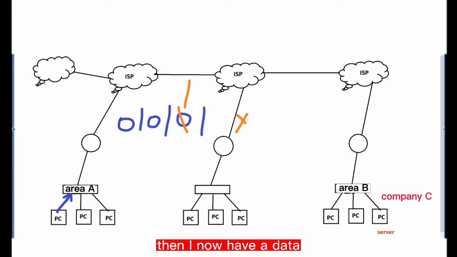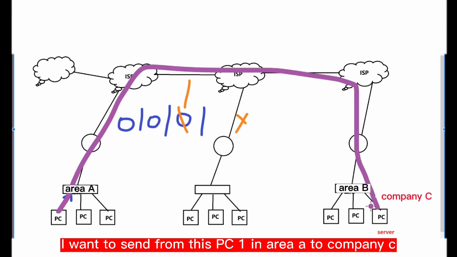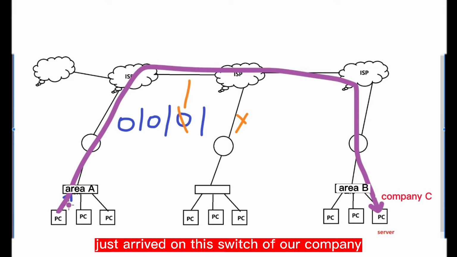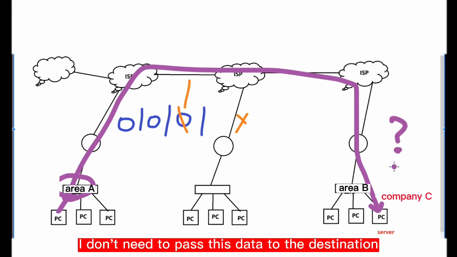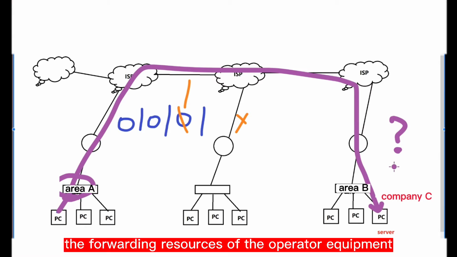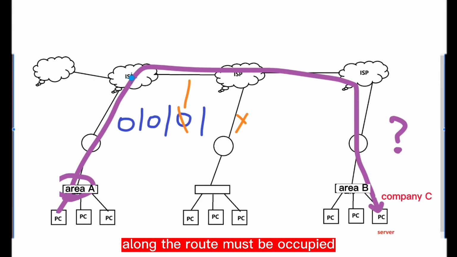Now I have data that I want to send from this PC1 in area A to company C. If my data just went out, and just arrived at the switch of our company, and it has been disturbed and is already wrong, I don't need to pass this data to the destination. First, the forwarding resources of the operator equipment along the route must be occupied.